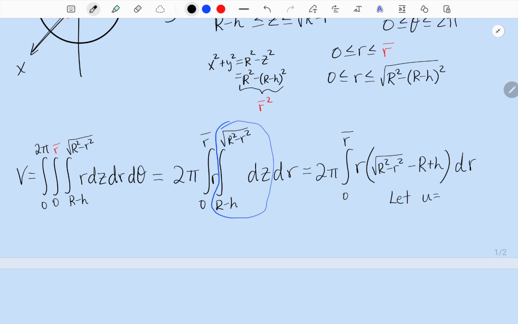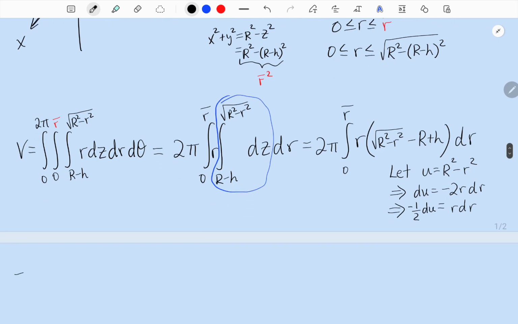Let u equal, let's say, R squared minus r squared. Then du is equal to negative 2r dr.